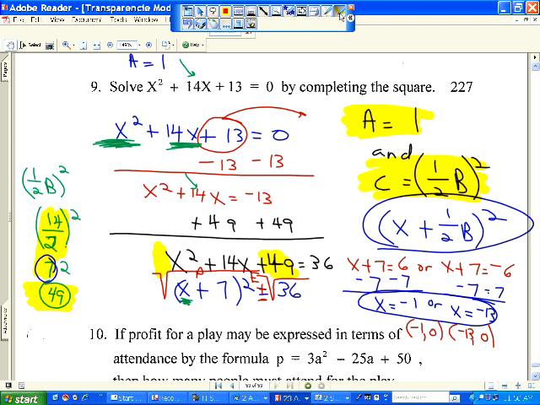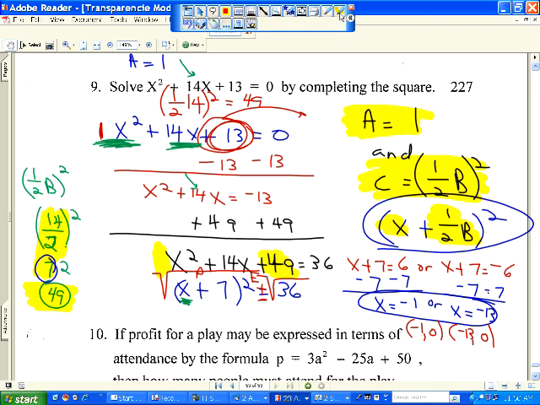A perfect square trinomial factors into x plus whatever half of b is quantity squared. In this situation, a was 1, but my c was not half of 14 squared. It was the wrong number.